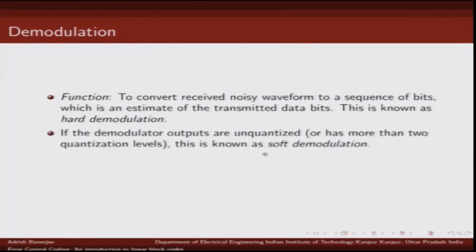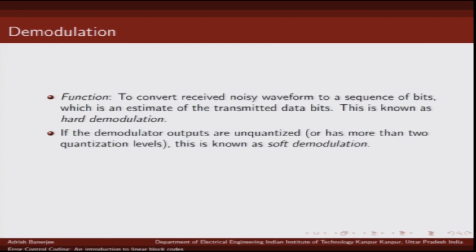There is also something called soft demodulation. What if we keep the received noisy values of the sequence unquantized, instead of quantizing them directly to zeros and ones? This type of demodulation is known as soft demodulation. Now, what is the advantage of soft demodulation?